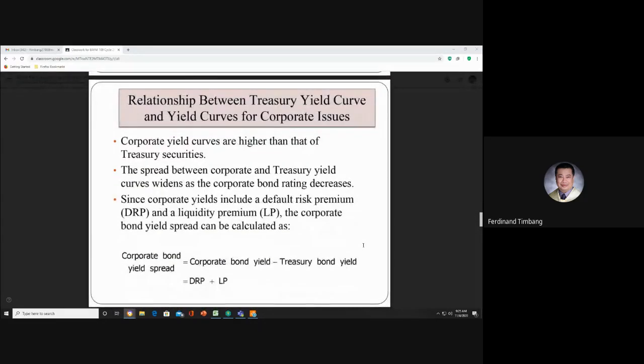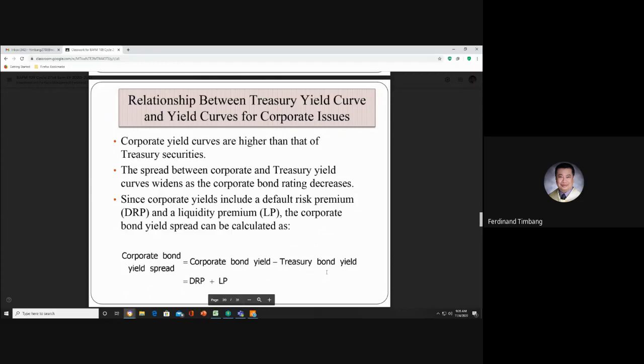Ito, summarize ko na lang. So the difference actually between the corporate bond yield, ito yung corporate security, tapos yung government security. So ang difference basically lies only on the default risk premium and the liquidity premium.